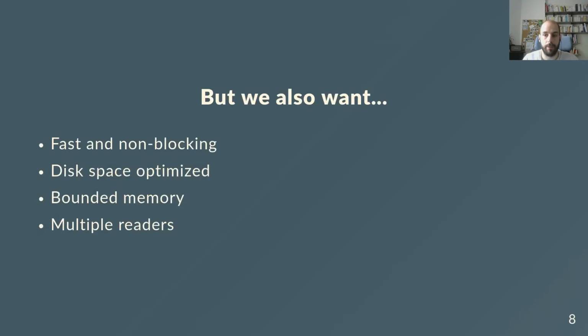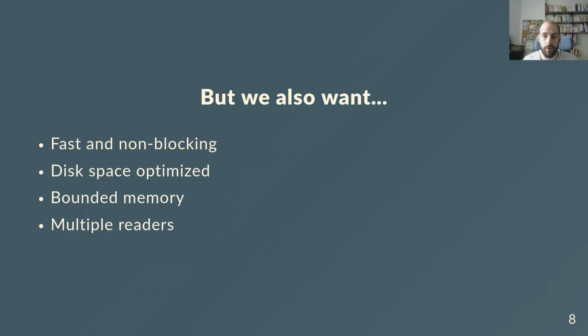Because a Tezos node can perform multiple operations at once, such as validating blocks, answering user requests, or getting data from the network, we cannot block, and the latency when performing an operation must be minimal. We have to be disk optimized, so we have to go way under the 250 gigabytes, and we have to grow less than 20 gigabytes per month, which was the growth rate at the time.